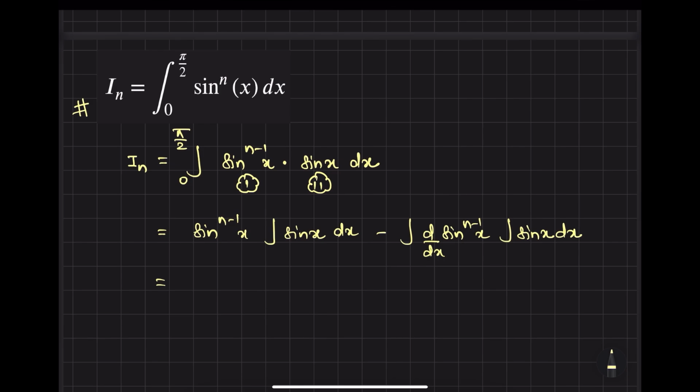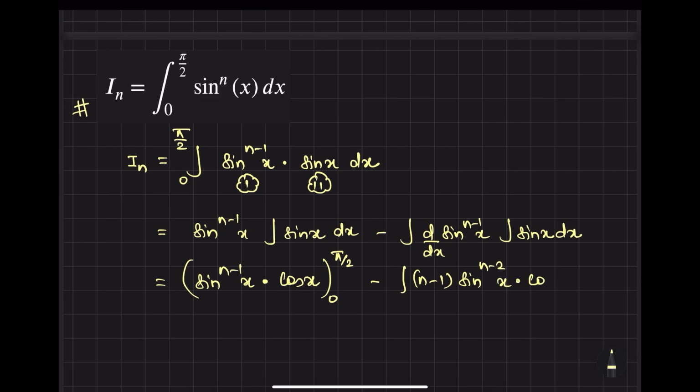We have sine power n minus 1 x, and the integration of sine is cos x. So we did the integration of the first part, and now we apply the limit 0 to pi by 2. The differentiation of sine power n minus 1 will be n minus 1 times sine power n minus 2 x, and then the differentiation of sine becomes cos x, and the integration of sine is also cos x. So cos x and cos x, and then dx.